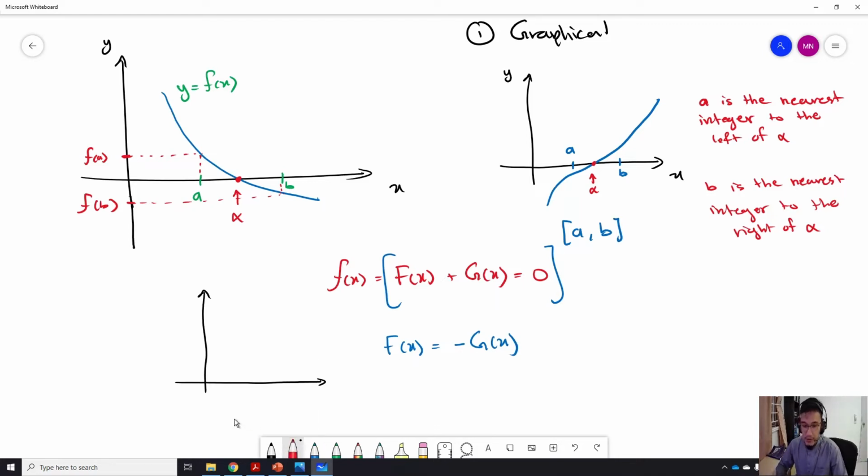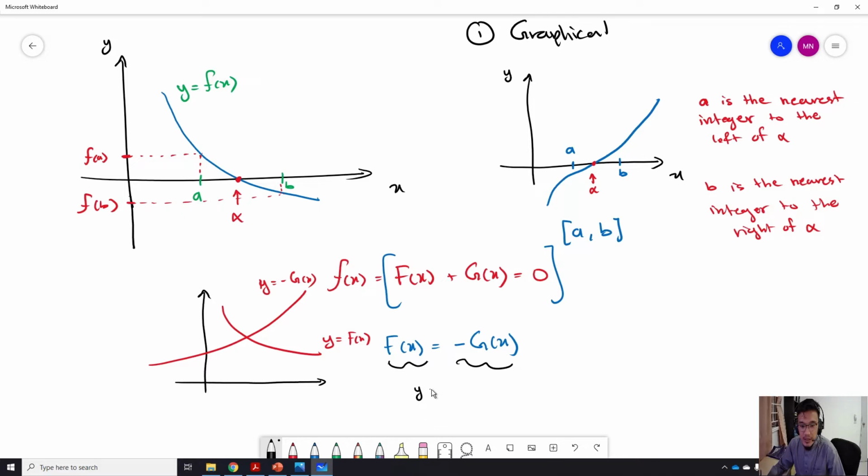Let's say just for an example, this is the graph of y equal to f(x), and this is the graph of y equal to negative g(x). Notice that when we write two equations of function together like this, it means we write it down as y equal to y.